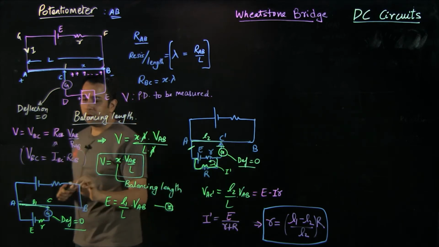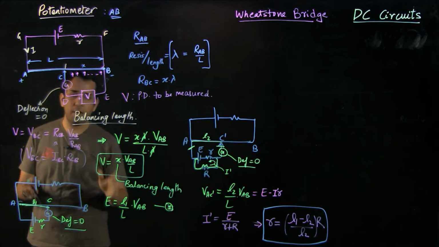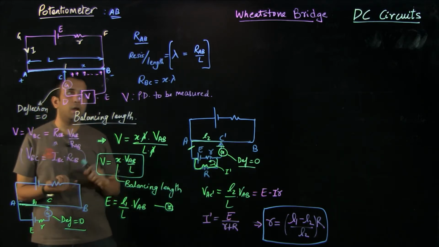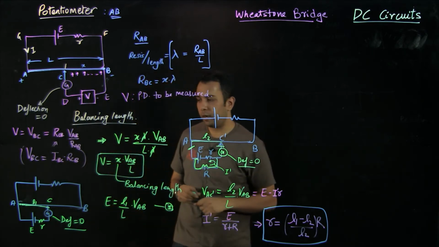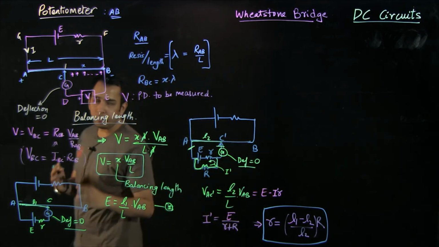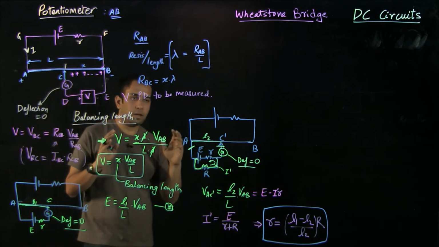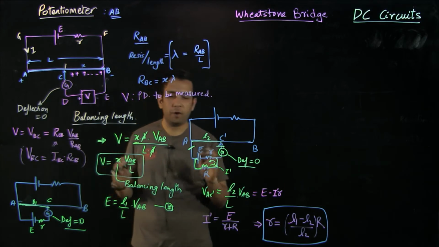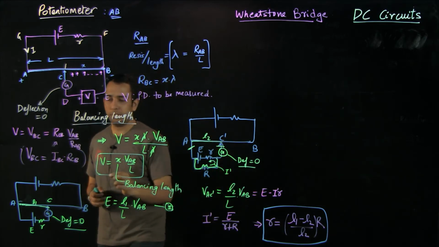And as a specific application of this principle, we have used it in finding out parameters like the EMF and the internal resistance of a cell or a battery, and for it we need to have two different circuits and we need to apply the balancing length principle in both of them to find out the value of EMF and the value of the internal resistance.